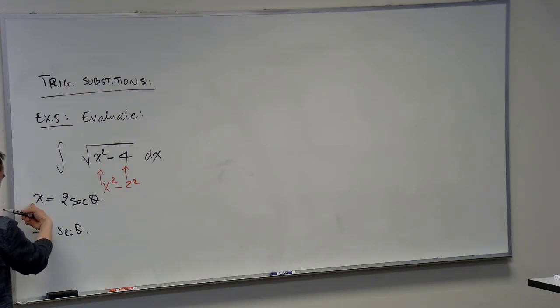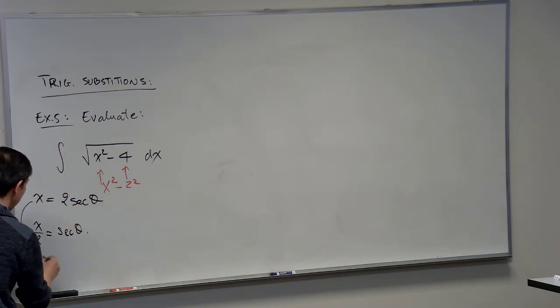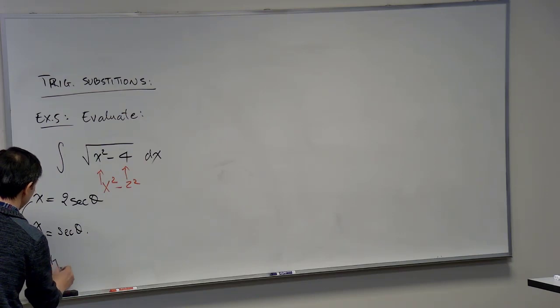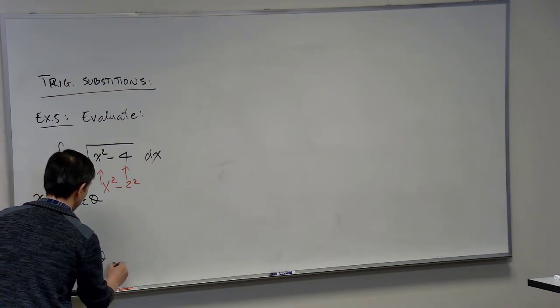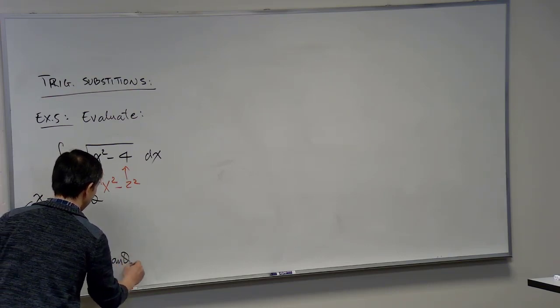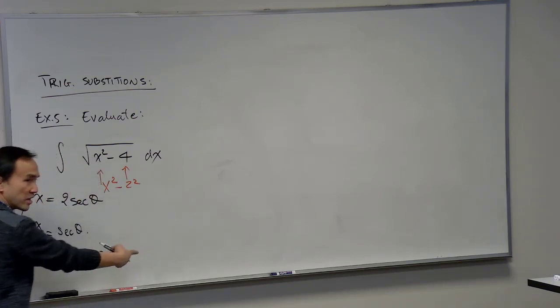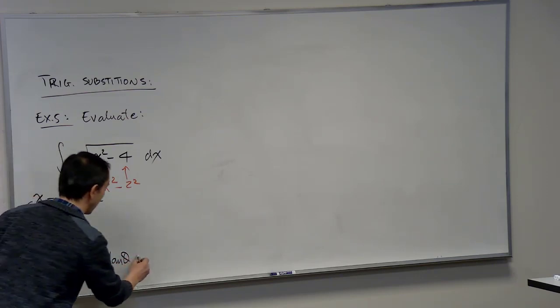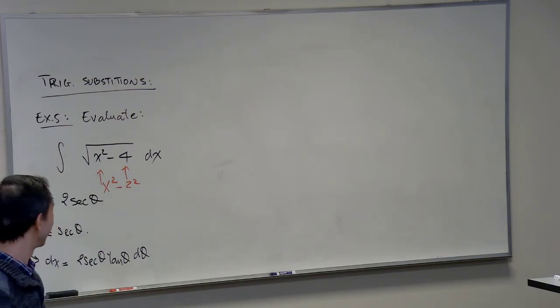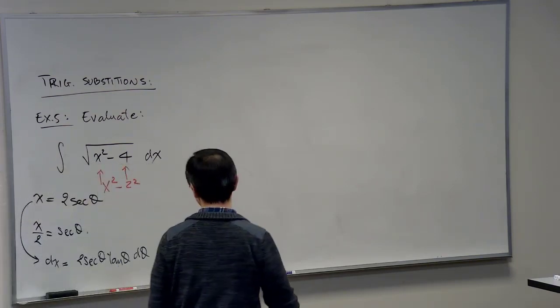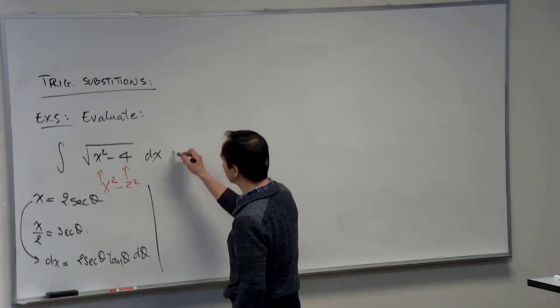But when x equals 2 times secant theta, then we can take the derivative, making dx equal to 2 secant theta times tangent theta, right? And then think about it, I took the derivative and rearranged the differential, so that means we can multiply the d theta on the right-hand side. Are we good with that still? Okay. And so now in this way, I'm ready for the substitution. I'm putting in these substitutions.